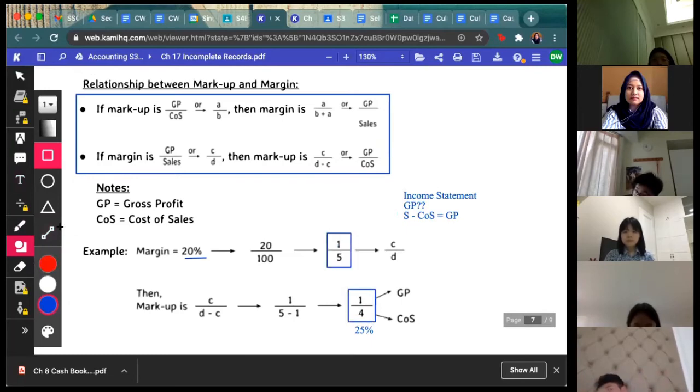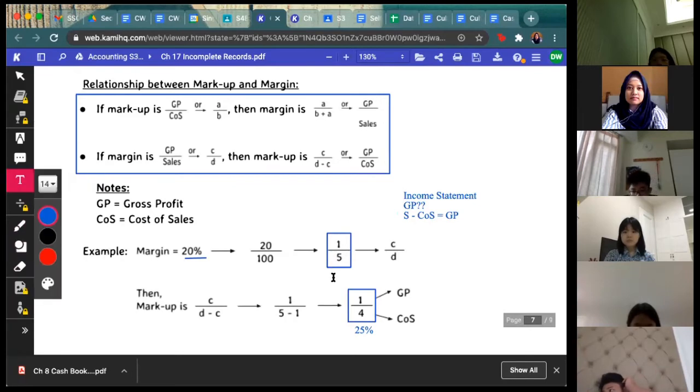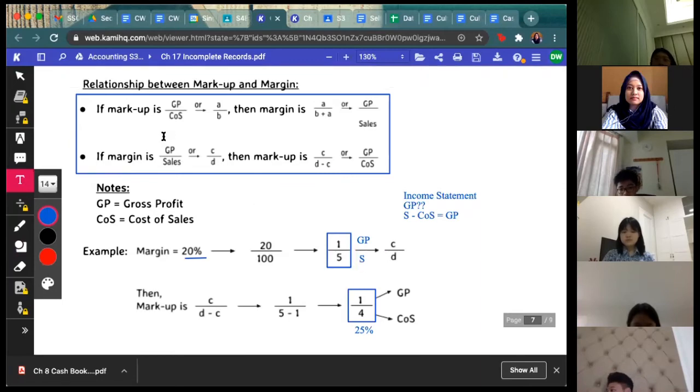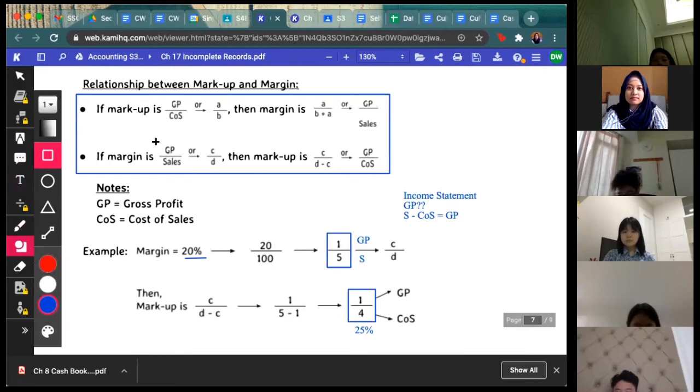We know that margin is GP over sales. So 1 over 5 gives GP as 1 and the 5 is sales. After we convert it into markup, we have GP 1 and cost of sales 4.